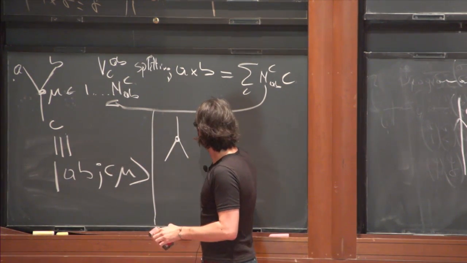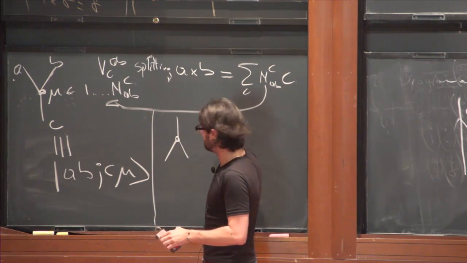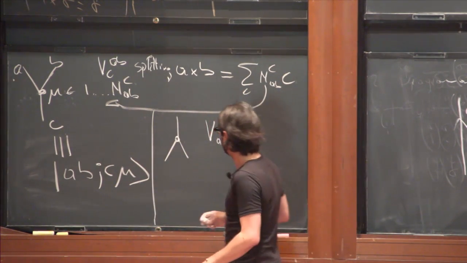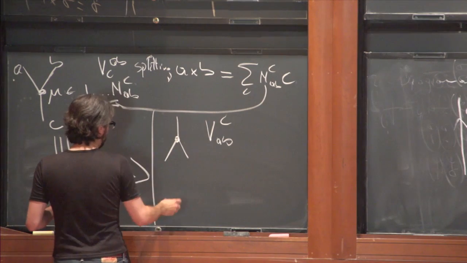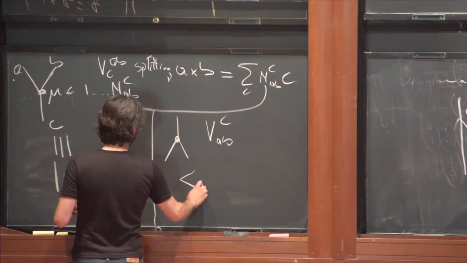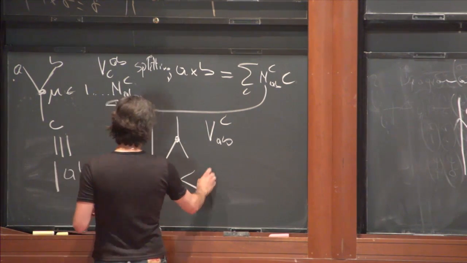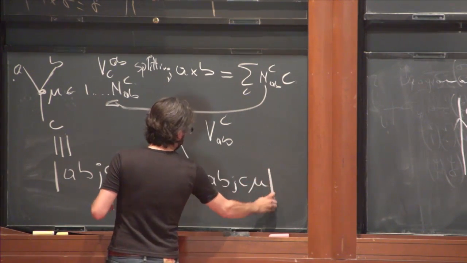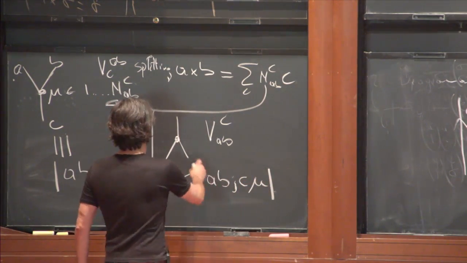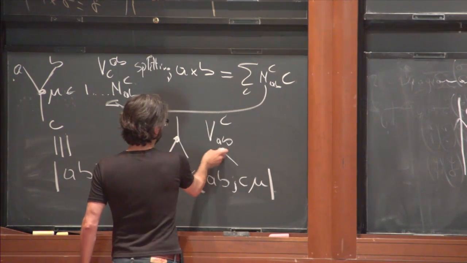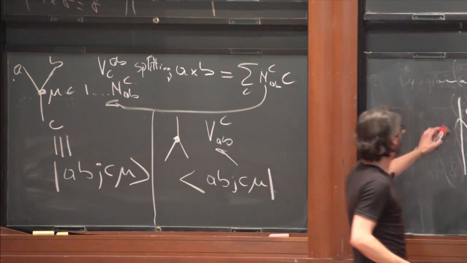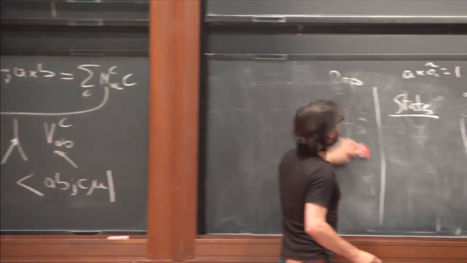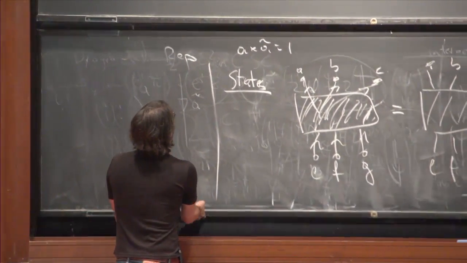This is V_AB^C, which goes into C. And here I'm going to have this state belonging to this space.